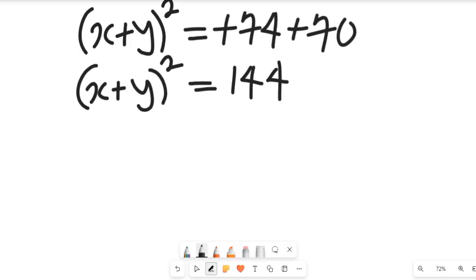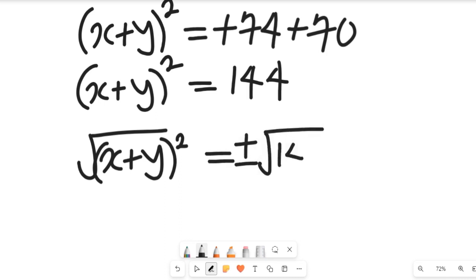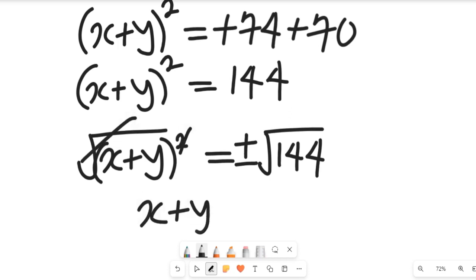Now let's take the square root of both sides. If we take the square root of both sides, we'll have the square root of (x plus y) squared, then we'll have plus or minus square root of 144. So what would this give us? The value of our x plus y will be equal to plus or minus 12. Great.